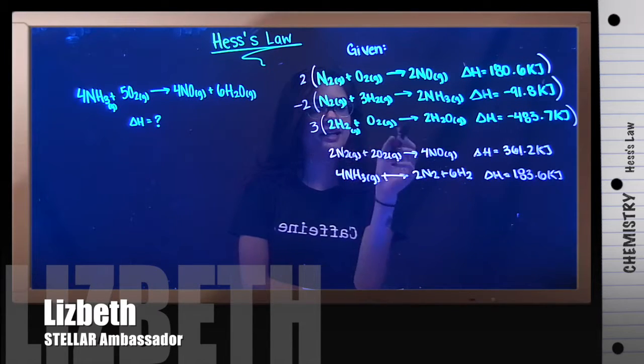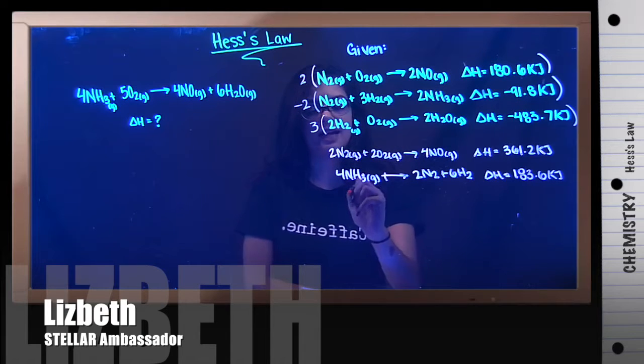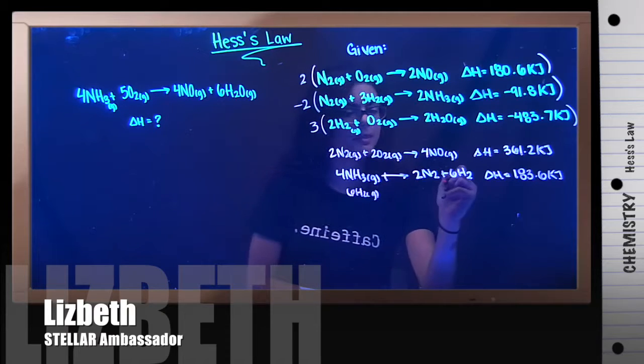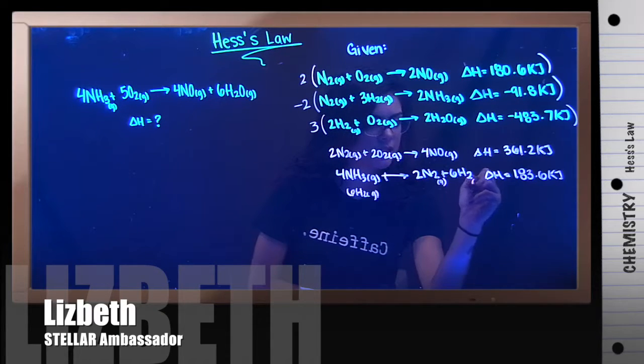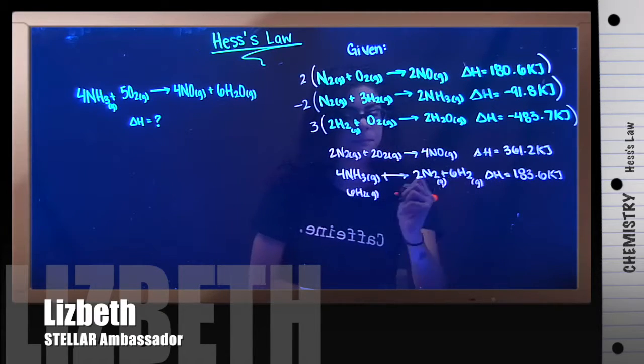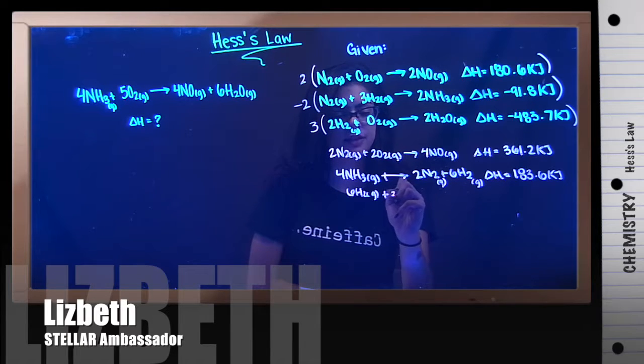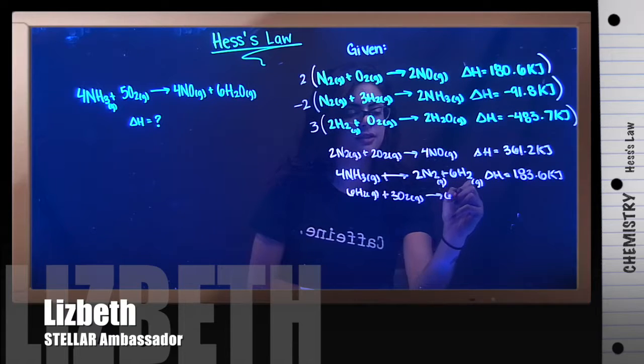So I'm going to go ahead and distribute that 3 everywhere, so that means I have 6H2 gas. Oh, I forgot my phase states over here. Let me fill those in. Plus 3O2 gas yields 6H2O gas.